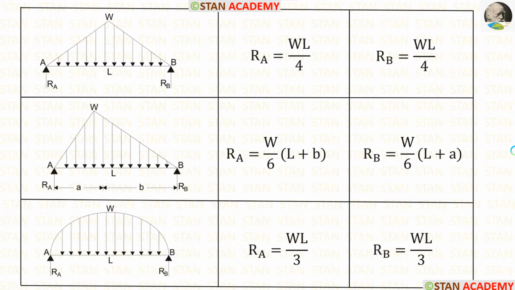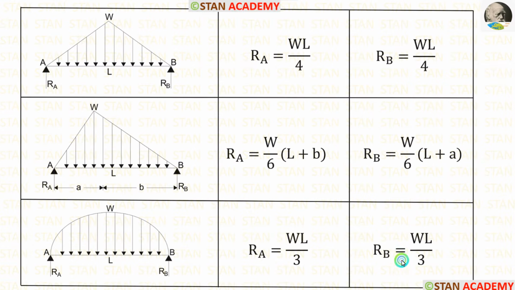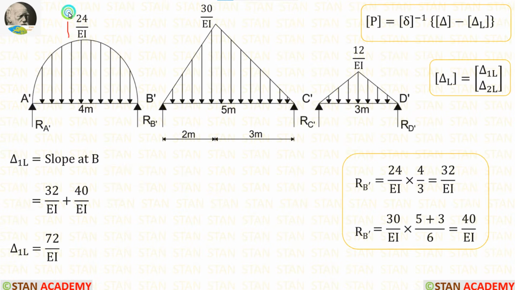Alternatively, using the formulas, we can easily calculate the reactions and form the matrix. In this diagram, we have to calculate RB dash. The formula is WL upon 3. Here, W is 24 upon EI, L is 4. When we apply in the formula, we are getting 32 upon EI.